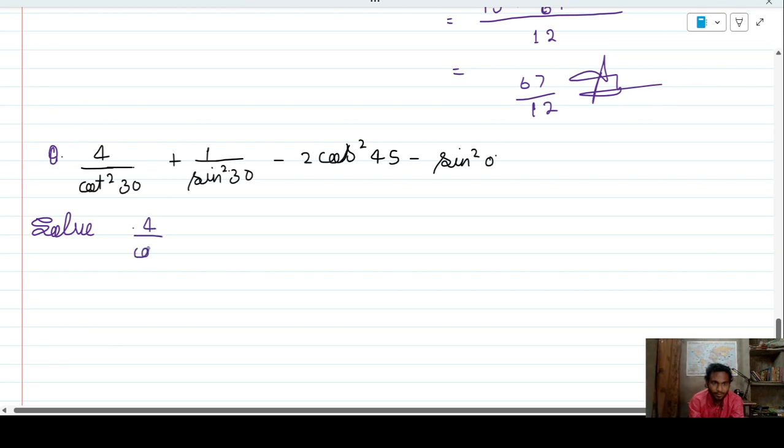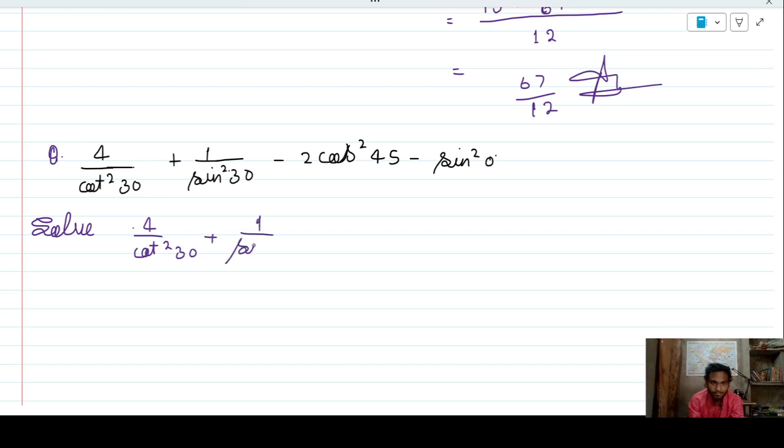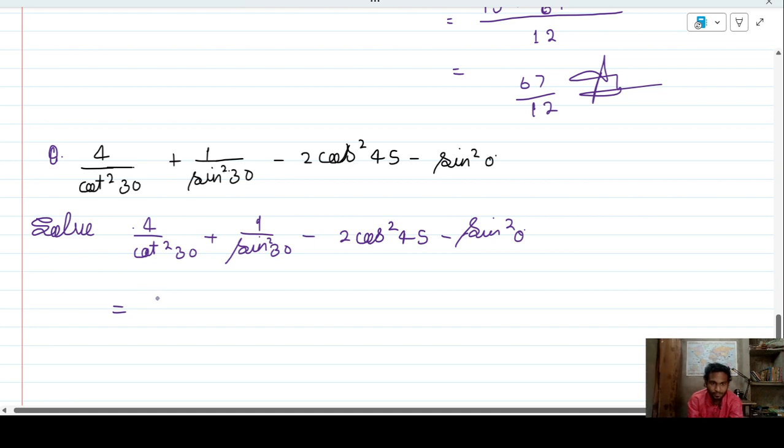4 upon cot square 30 plus 1 upon sin square 30 minus 2 cos square 45 minus sin square 0 degrees equal to 4.